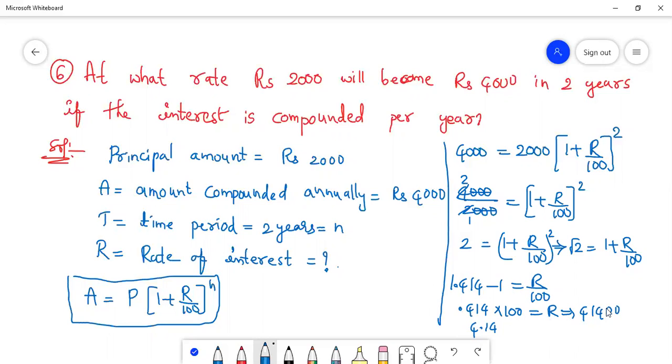Here after 3 digits take the point. It's nothing but equal to capital R. So the rate of interest capital R is equal to 41.4%.